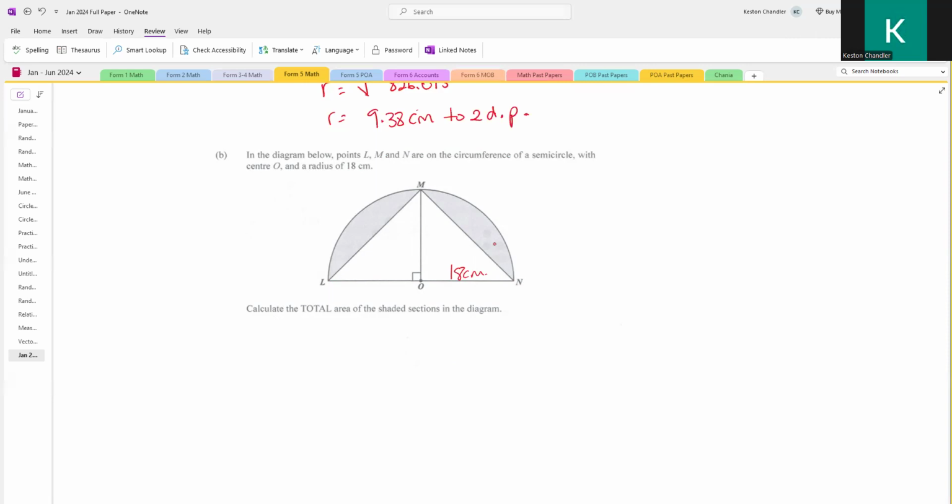Okay, so that's going to be the area of the semicircle minus the area of the triangle. Everybody agree with that?